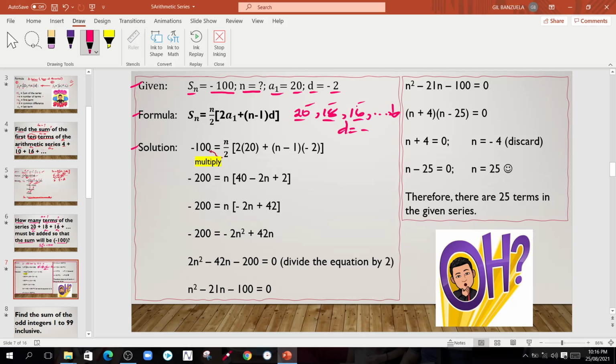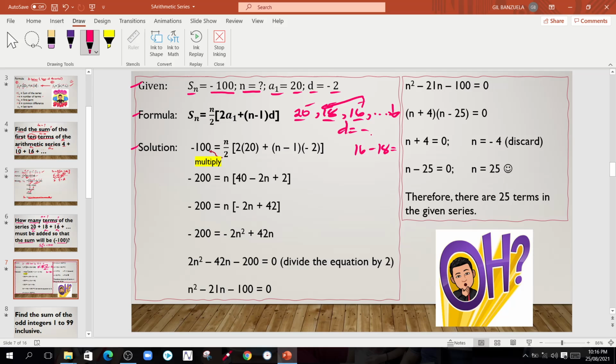Okay. So, let's subtract. Again, magsusubtract tayo guys mula sa kanan papuntang kaliwa. So, 16 minus 18. Nakukunin natin yung absolute value ng 16, that is 16. Anong absolute value ng minus 18, that is positive 18.